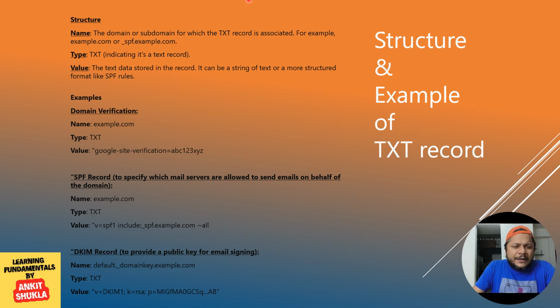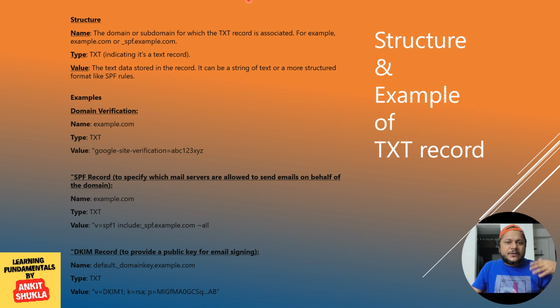Another example would be looking at the SPF record. Just to make you aware, it basically specifies which email servers are allowed to send emails on behalf of the domain. So MX is for inbound emails, SPF is for outbound emails.